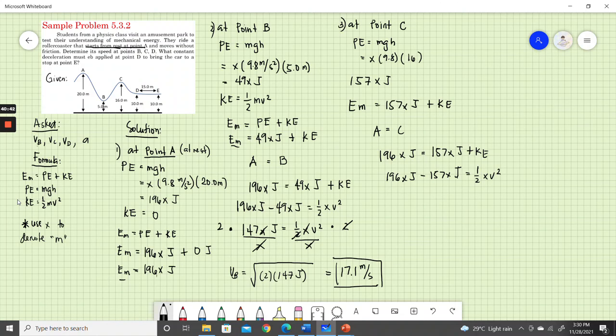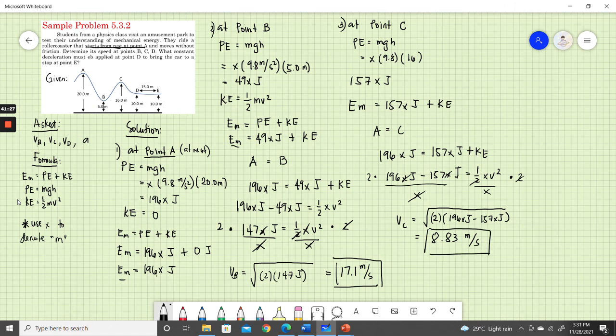And then just minus this, divide both sides by x. You can cancel the x, and then multiply both sides by 2 to cancel that. In the end, you're gonna have the velocity at C should be the square root of 2 multiplied by 196x joules minus 157x joules. Just use a calculator and you would get the velocity at C should be actually equal to 8.83 meters per second.